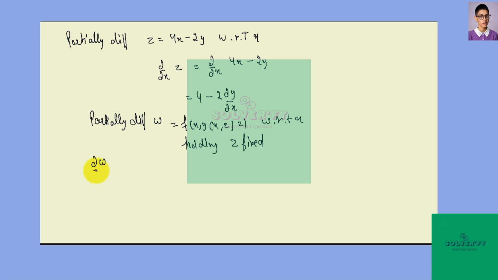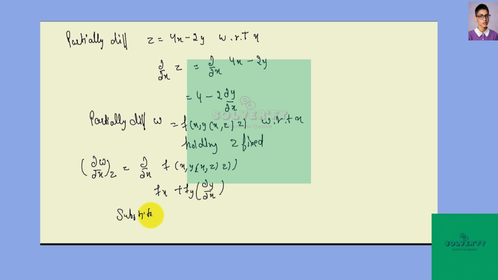When we differentiate omega with respect to x holding z, there is ∂/∂x of f of x, y of x, and z. There is f_x plus f_y ∂y/∂x.